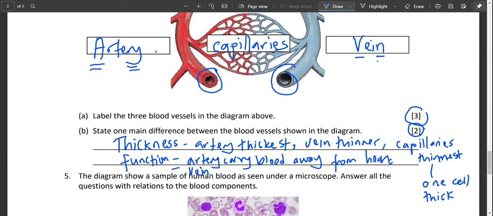Vein carries blood back in, and capillaries, exchange of substances. Whichever one you prefer, as long as you mention the comparison between the three, you get 2 marks. If you only mention comparison between 2 blood vessels, 1 mark.